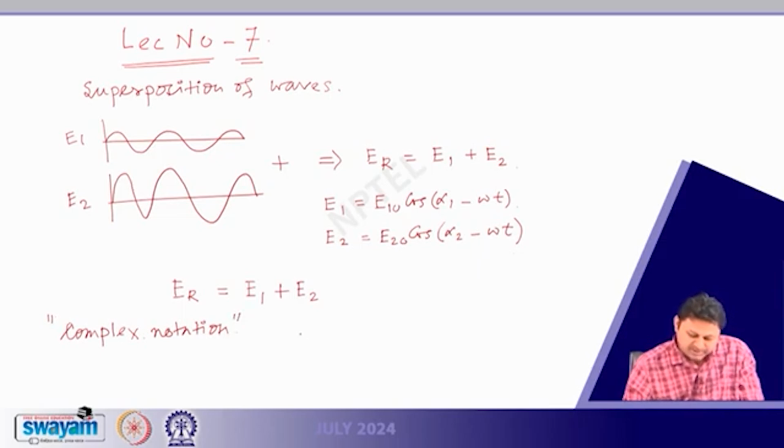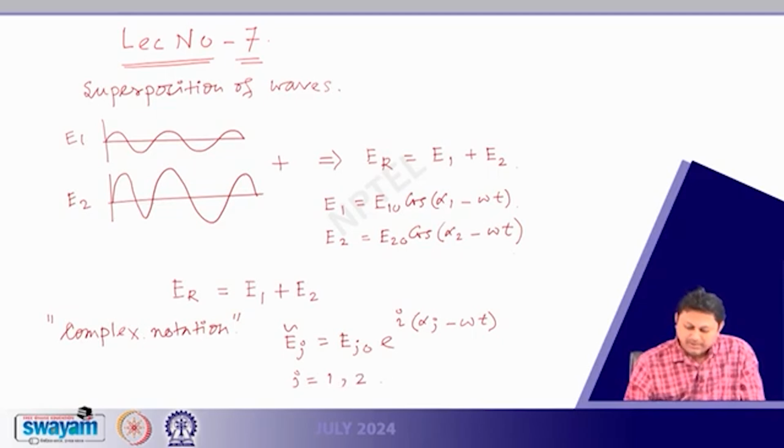So in complex notation, I write E1 or E2, in general Ej, with a tilde sign. That means I am using the complex notation. I have E0 e to the power of i (alpha j minus omega t), where j stands for 1 or 2.